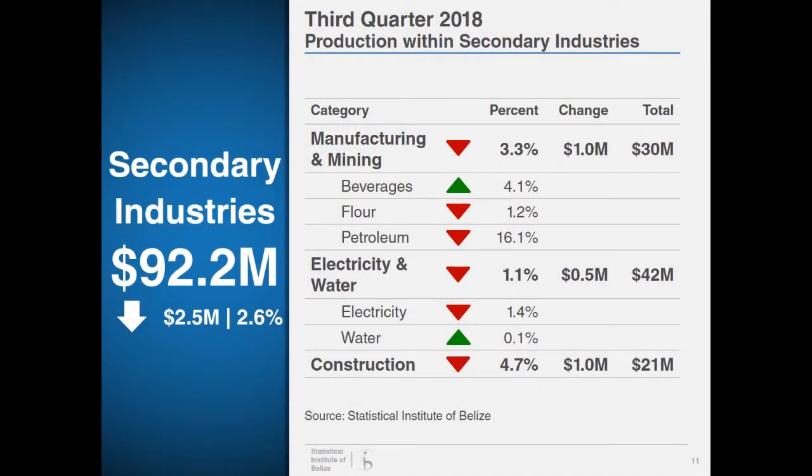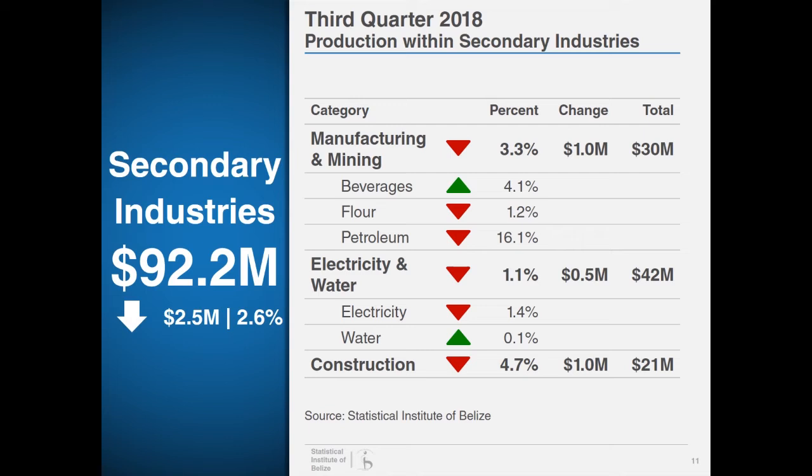The secondary sector, which accounts for about 1/5 of the country's economic total output, decreased by 2.6% or $2.5 million, totaling $92.2 million. Manufacturing and mining went down by 3.3% or $1 million, totaling $30 million. And this was mainly due to a 1.2% decline in production of flour and a 16.1% decline in production of petroleum.